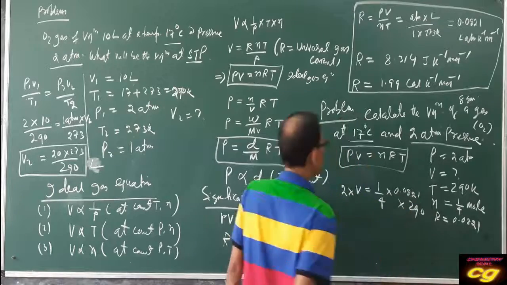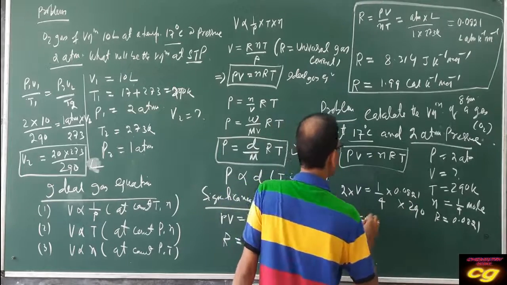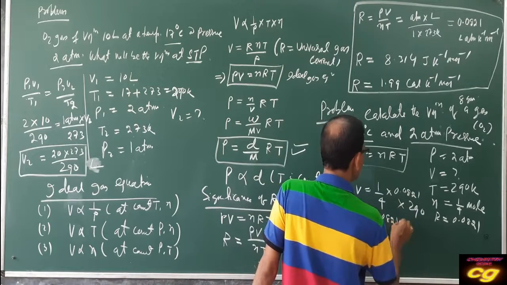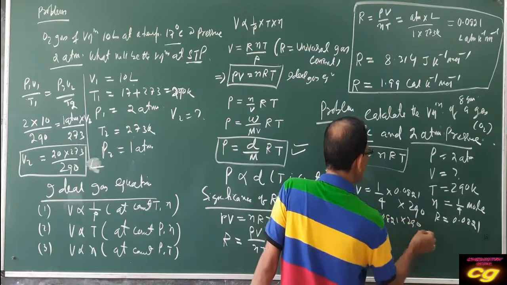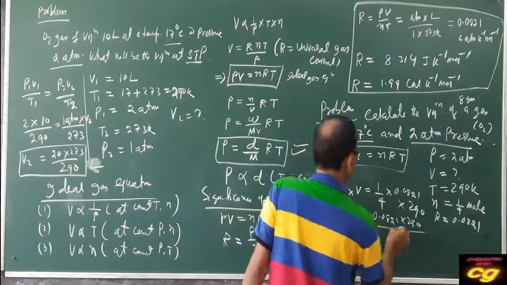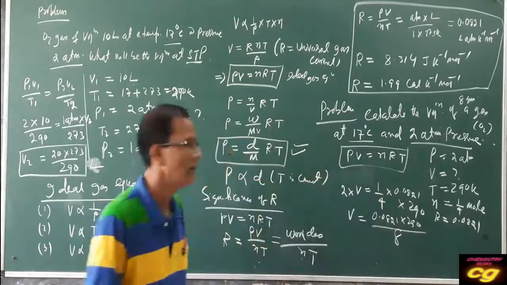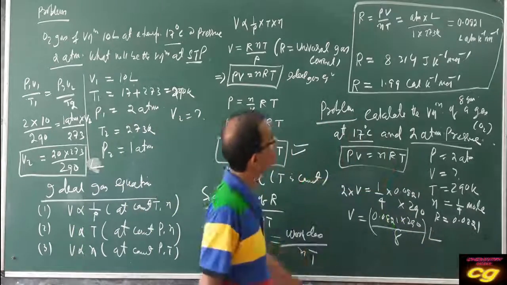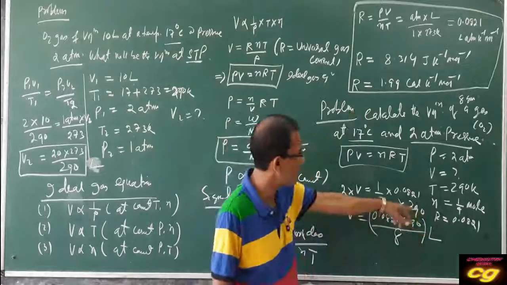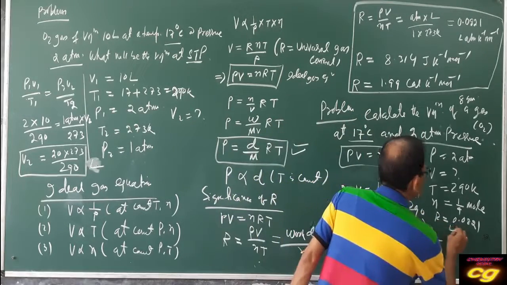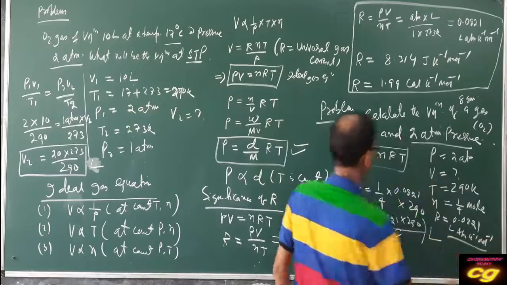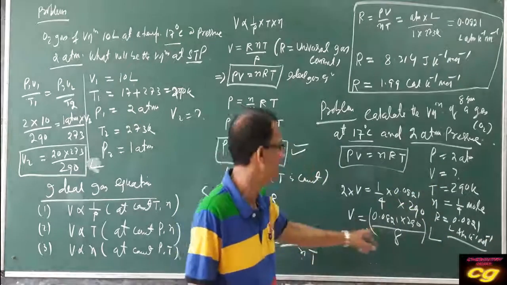If you put this in, V will be 0.0821 into 290 upon 8. So that value we will get. The answer will be in liters, because we have taken the R value in liter atmosphere per degree per mole. So the volume will be calculated in the form of liters.